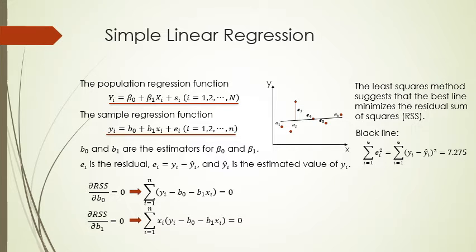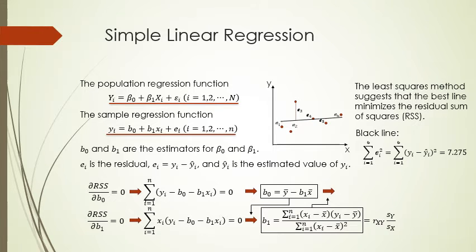The first equation gives B0 equals y bar minus B1 x bar, and substitute it in the second equation. Then we have the estimated slope B1 is this.